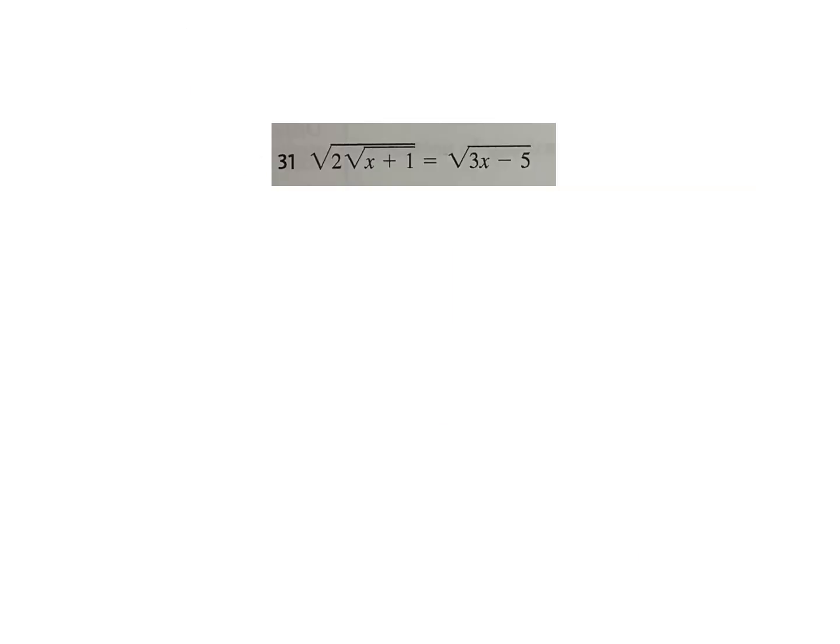31. Okay, this is just going to be kind of like what we've been doing. So if you square both sides, the first radical goes away, and you get what's underneath, and you get 3x minus 5 on the right. And again, now this looks like the other ones. We square both sides. Okay, on the left, you get 4 times x plus 1.